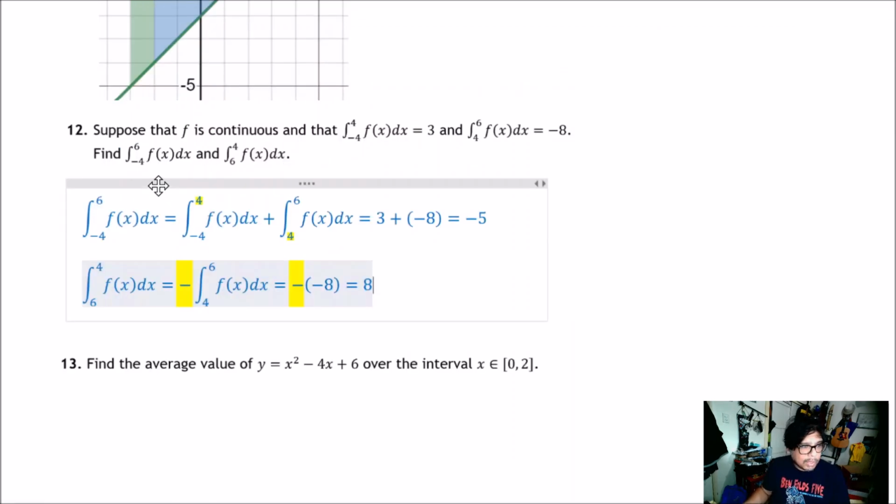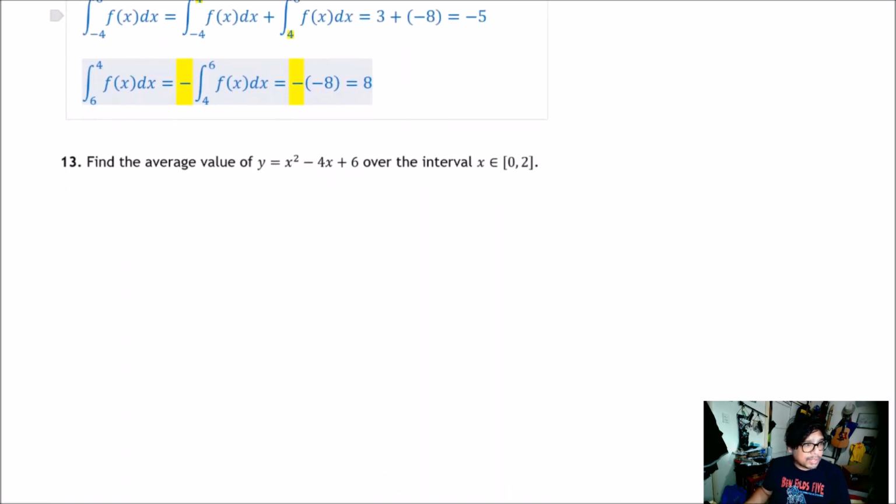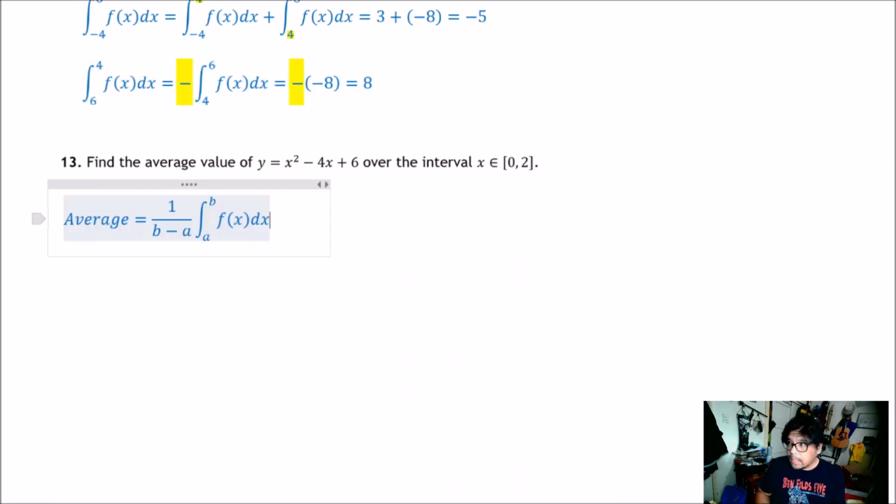And then rolling right along to the very last problem of this video, we've got the integral, or no, I'm sorry, getting ahead of myself. We need to find the average value of x squared minus 4x plus 6 over the interval from 0 to 2. Now, I really do try to make a point that everyone in AP Calculus has this formula memorized for the average of anything.